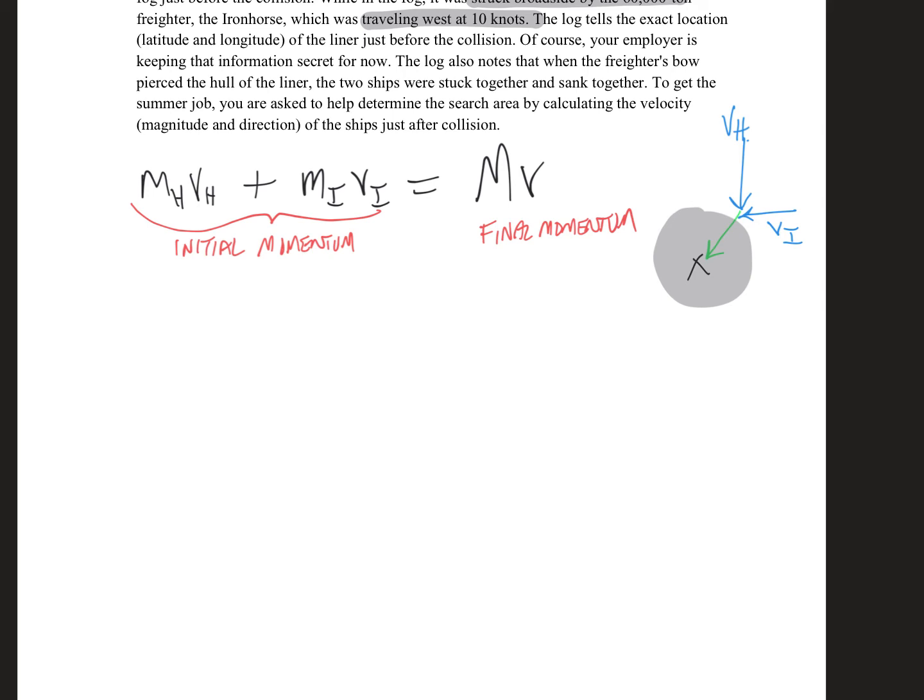And these are momentums, by the way. Each one of these, this is the momentum of the Hedonist, this is the momentum of the Ironside, and this is their total momentum, just P, if you will.